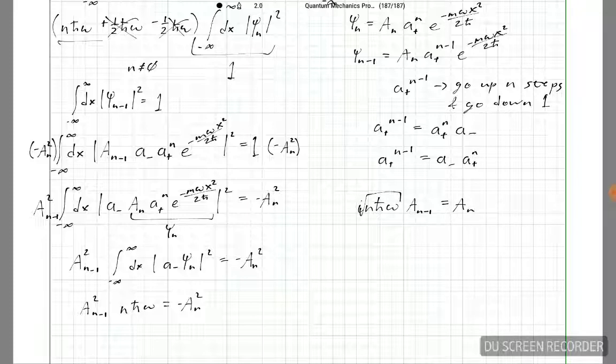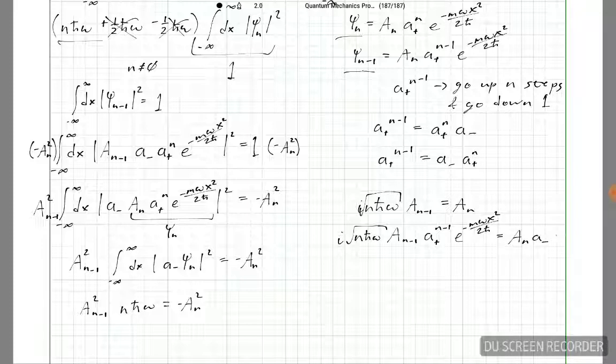Now we're going to do our same thing. We're going to put in what the psi are. So I'm going to multiply both sides by the ladder operator to the n minus 1 times, and then this, and then we're going to have a n.